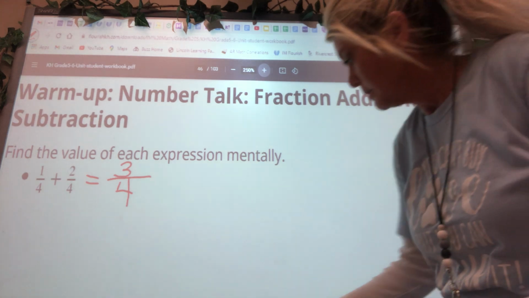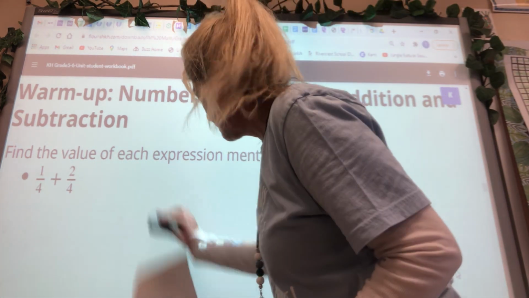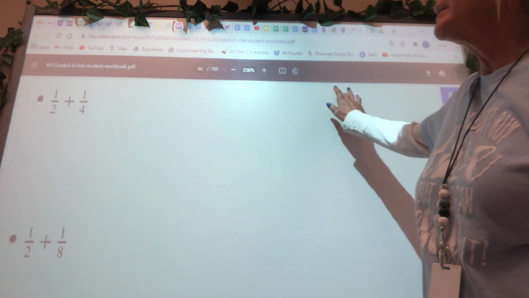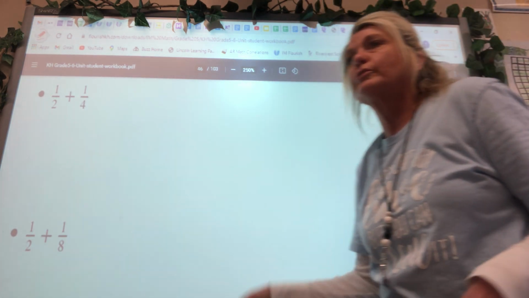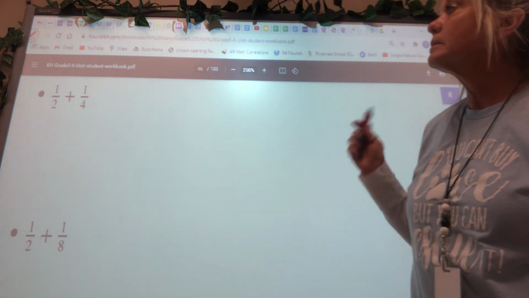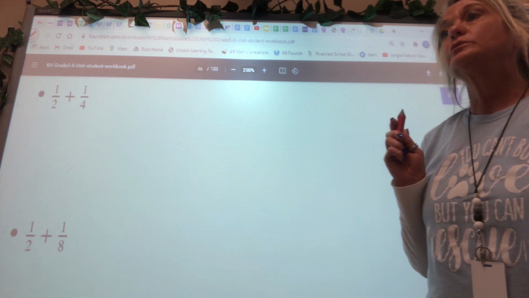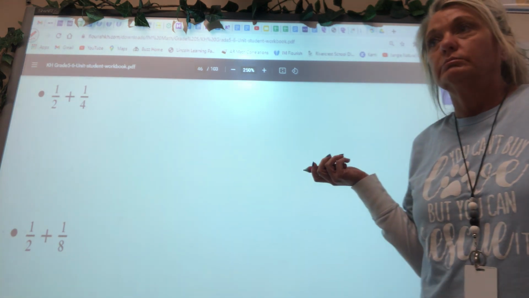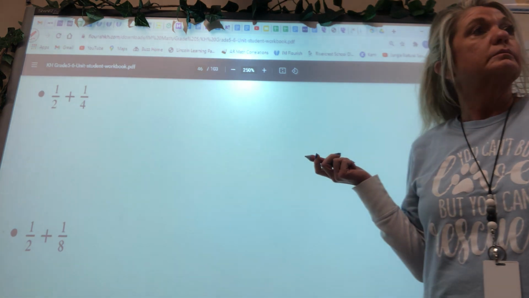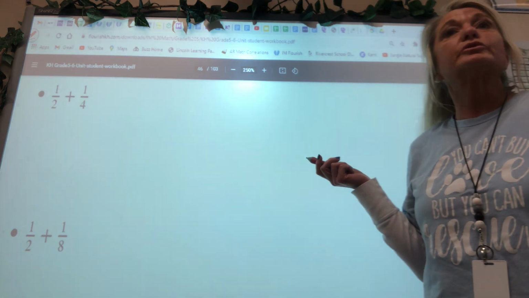Next one. They don't have common denominators. So what's the easiest way for me to visualize and write them? How should I write them down? I'm not asking for any numbers.